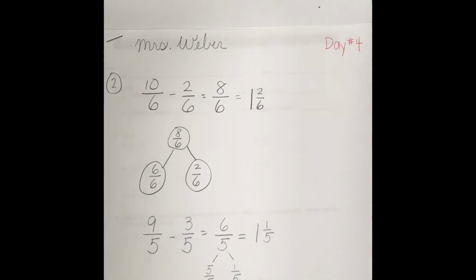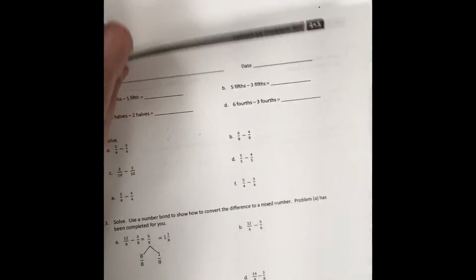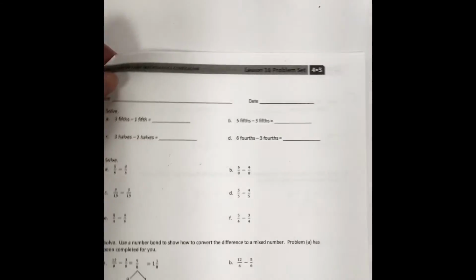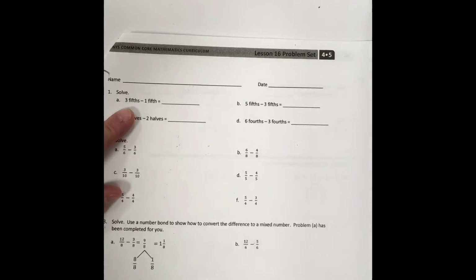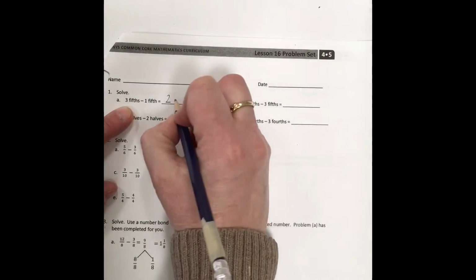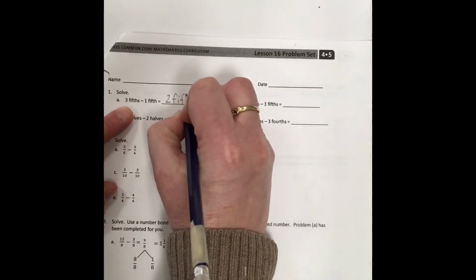Now let's flip to our problem set. For 1, we have unit form. So what you're going to do is 3 fifths minus 1 fifth. Well, 3 minus 1 is 2. They're the same unit, so we would label it fifths.